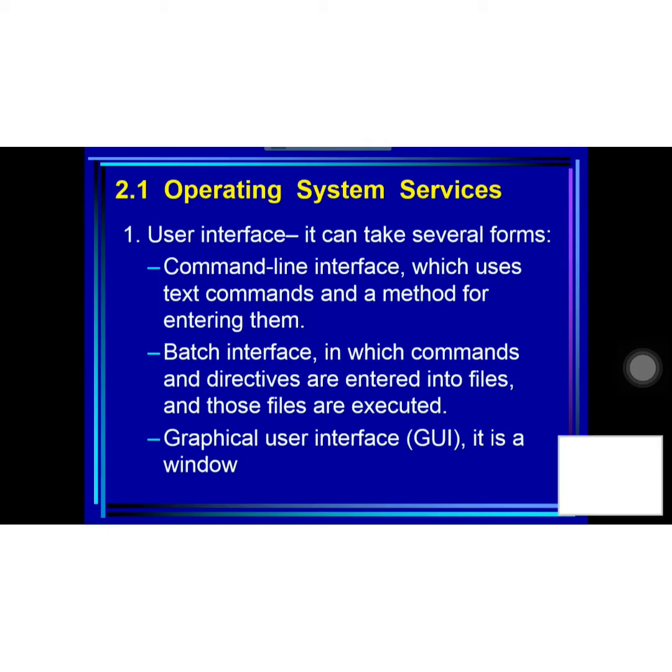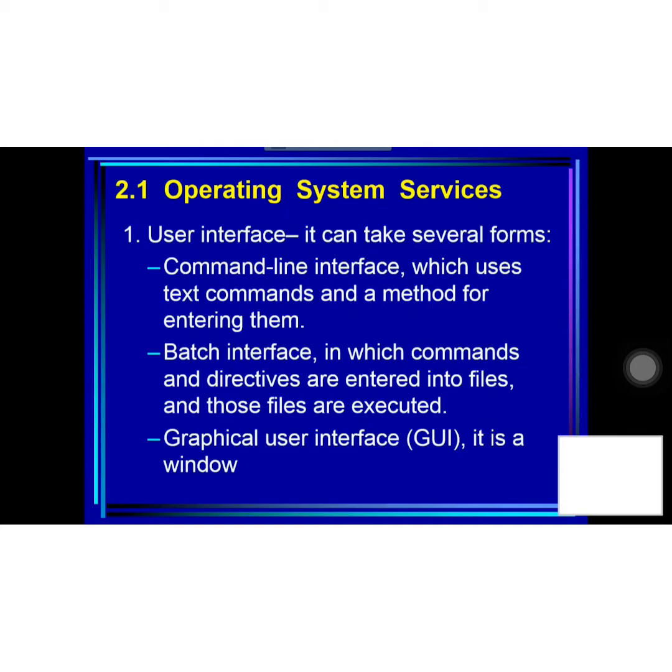Another is a batch interface, in which commands and directives to control those commands are entered into files, and those files are executed. Most commonly, a graphical user interface, GUI, is used, so that is a windows user interface.